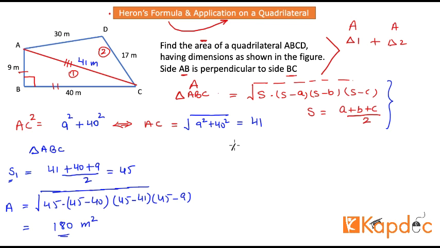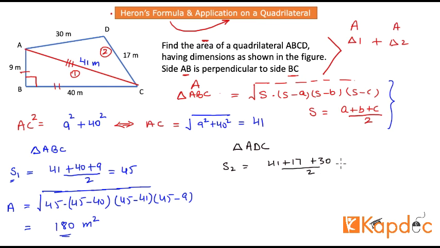And likewise, let's calculate the area of triangle ADC. In this case, I'm saying that half of the perimeter is S2, just to make it different from S1, and it is equal to 41 plus 17 plus 30, divided by 2, and that will be equal to 44, okay? So now let us apply this formula one more time.